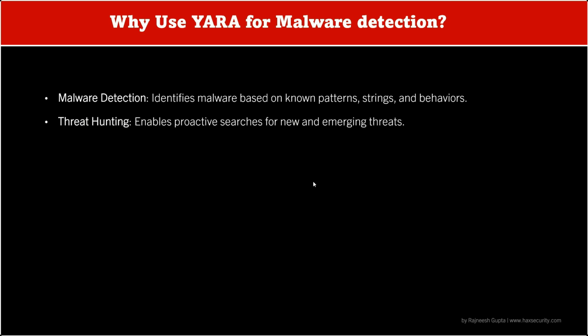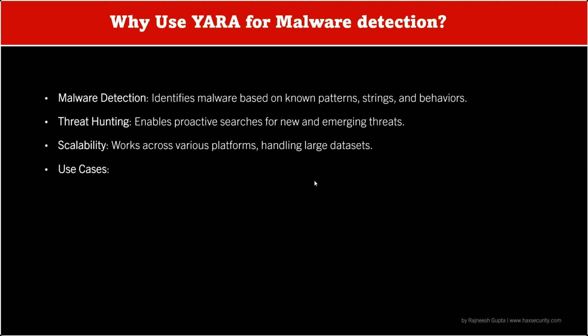Okay. Then threat hunting, it helps you proactively search for any new threats in the network. Scalability is also very good, because you can search thousands or hundreds of files using a specific YARA rule. Okay. So there are quite a lot of use cases as well.